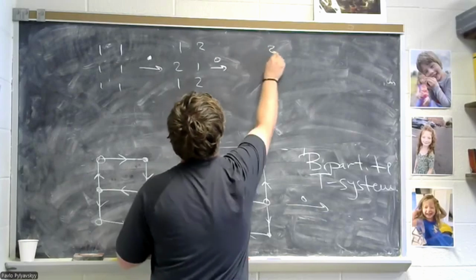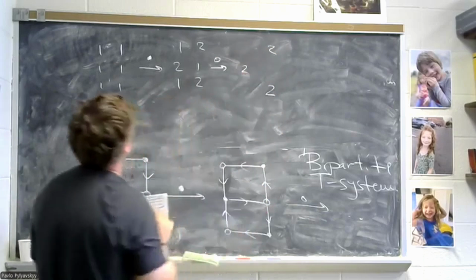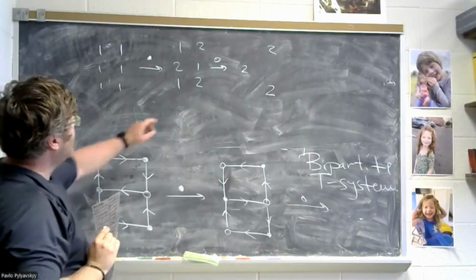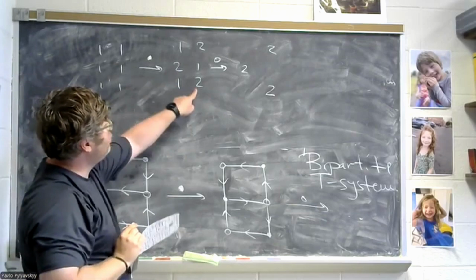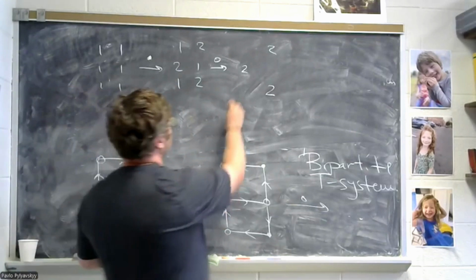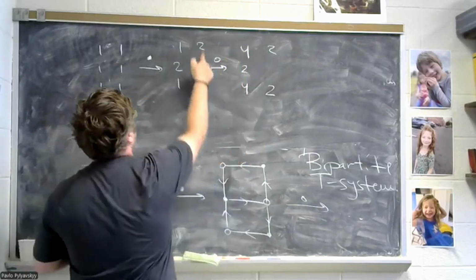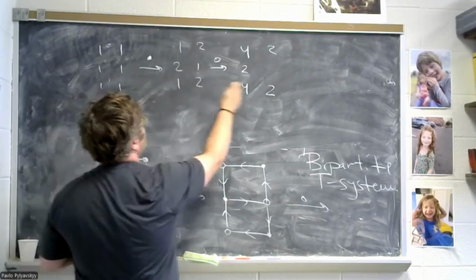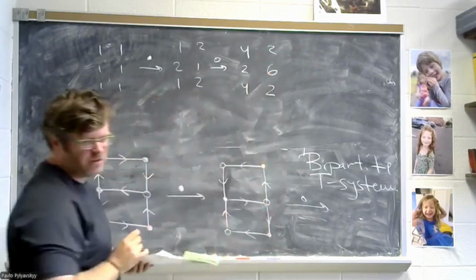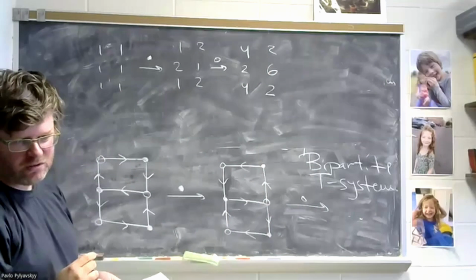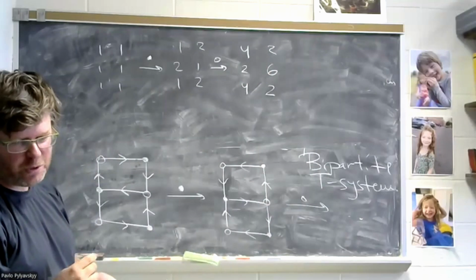So 2, 2, 2 stays the same. 2 plus 2 divided by 1 is 4. And then 4 plus 2 divided by 1 is 6. Okay. Do people follow this?